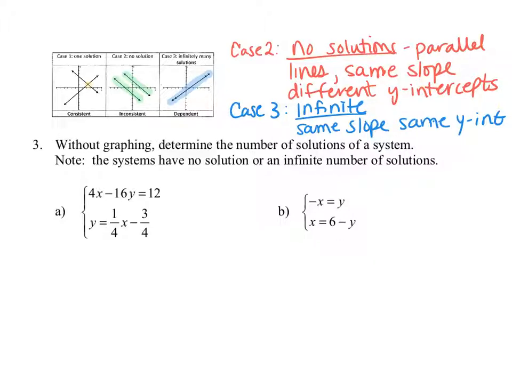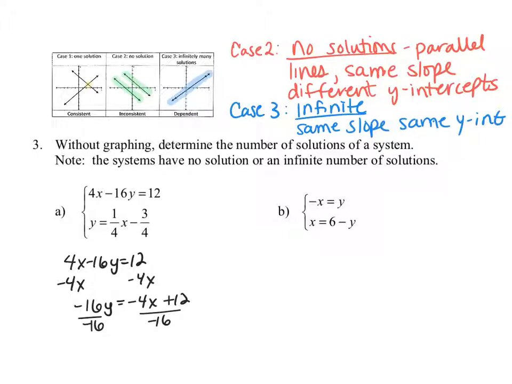Okay, so we can do part A by solving for y, find the slope and the y-intercept. We have 4x minus 16y equals 12. I'm going to subtract 4x from both sides, and I get negative 16y is equal to negative 4x plus 12. And then I'm going to divide by negative 16 on both sides.